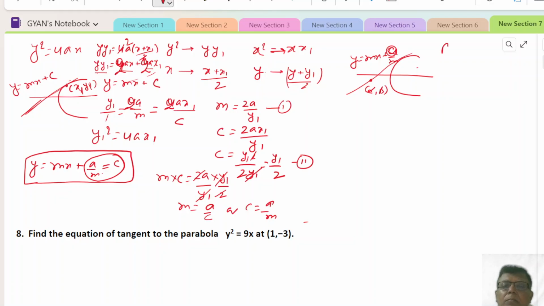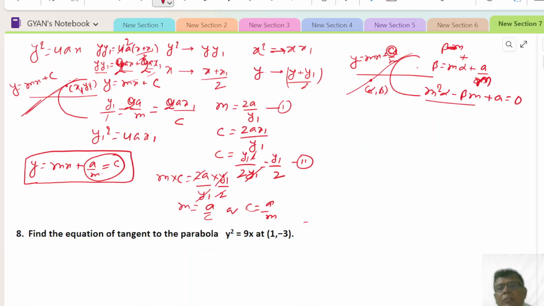Then beta is equal to m into alpha plus a by m, since c is equal to a by m. So that is equal to m square alpha minus beta m plus a is equal to 0.